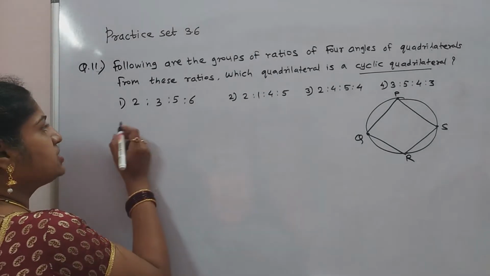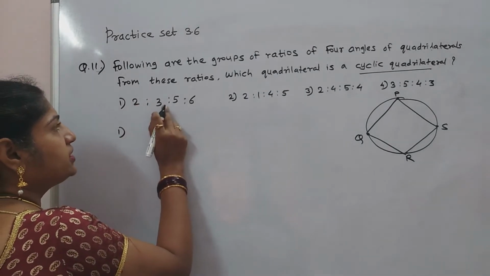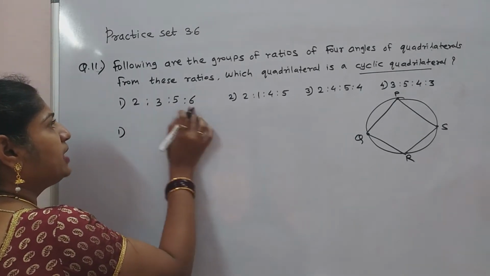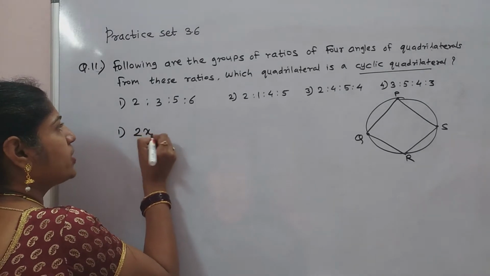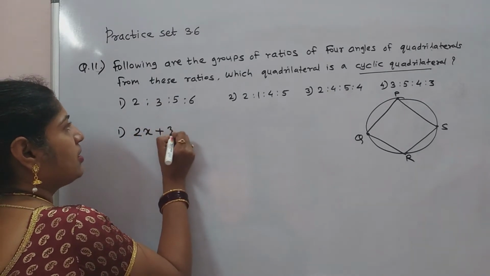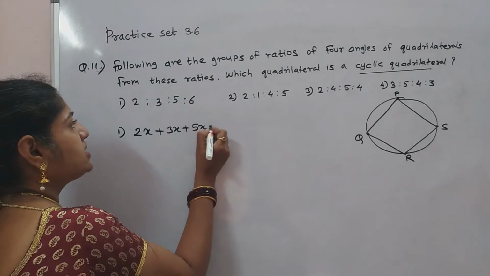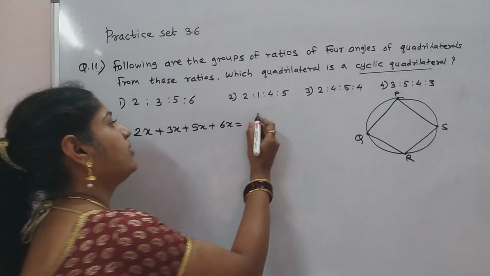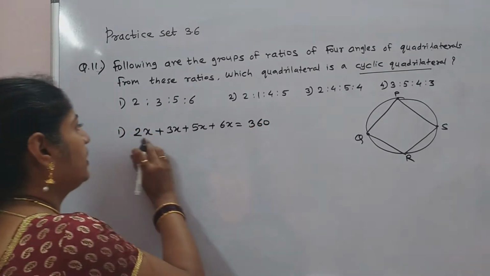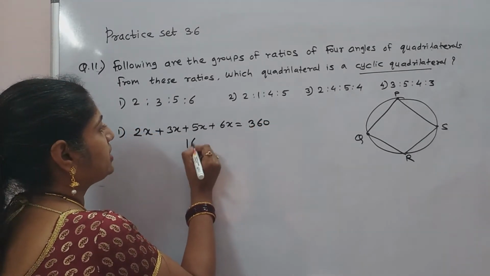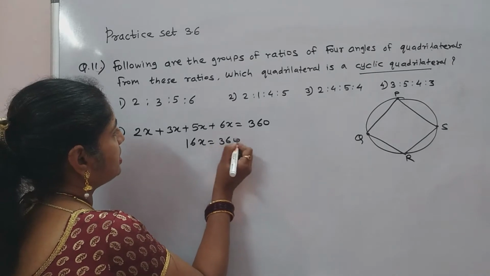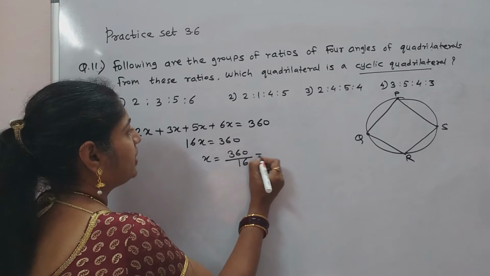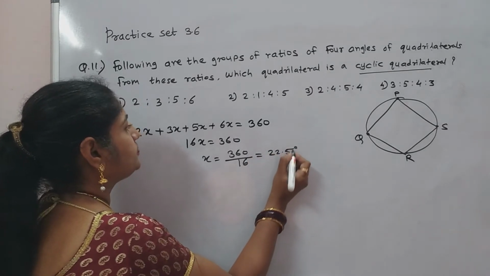First check this one option. 2 is to 3, 3 is to 5, 5 is to 6. Now common multiple is x. So first angle is 2x, second is 3x, third is 5x and fourth is 6x, and you know that the sum of all the angles is 360. Total is 16x equal to 360. So x equal to 360 divided by 16 equal to 22.5.